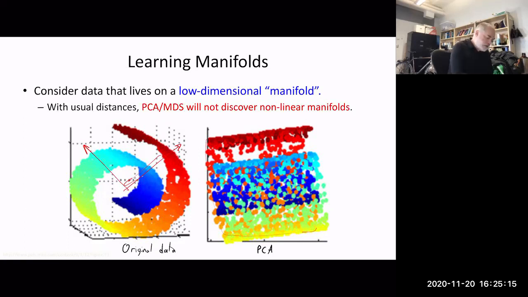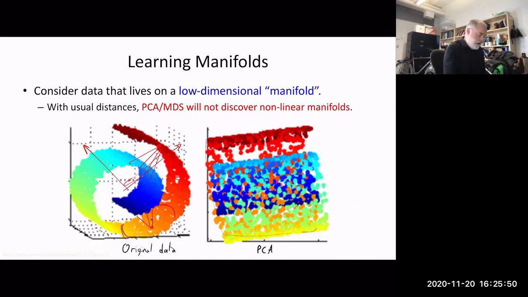And MDS is going to do the same thing, because this point is as close to any of these points across as it is to something out here. I shouldn't have drawn the red region. So the folding or warping that would happen in MDS is not going to be able to actually lay this thing out flat, because it is matching distances in the original data.